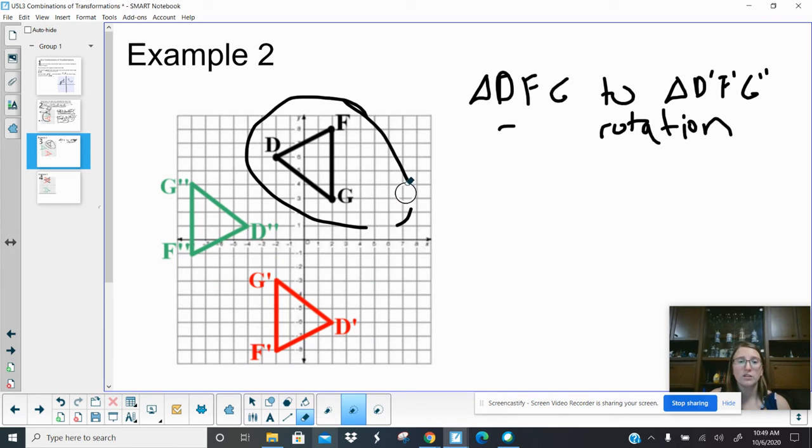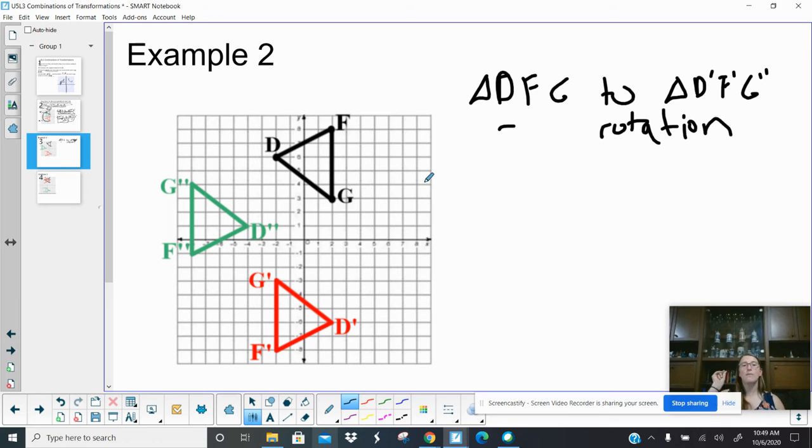When you are determining the rotation, you only have to focus on one point. You need to ask yourself how many quadrants it traveled through, not including the one it started in. So be very careful here. Let's focus on G. You could focus on F, you could focus on D, it's going to be the same thing.